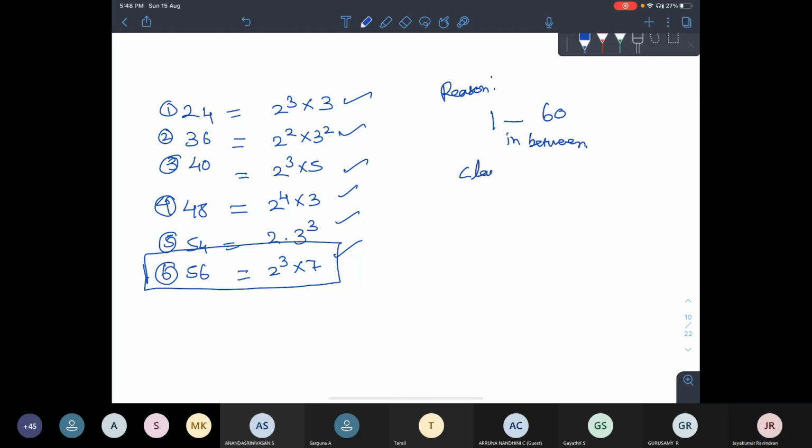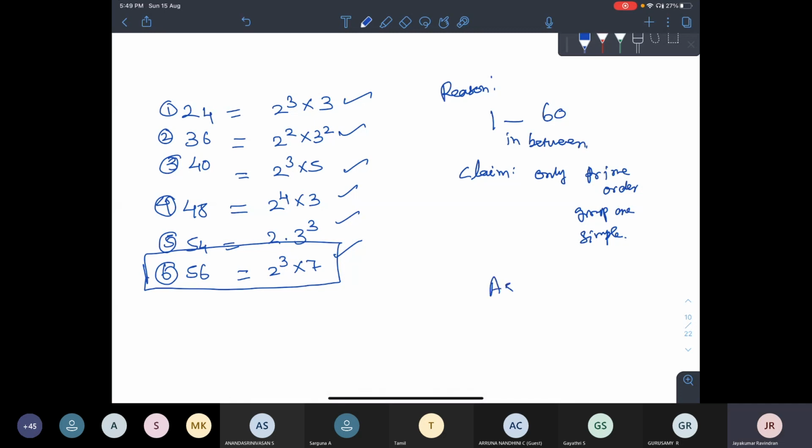Only prime order groups are simple. And we know the prime order group. What is a prime order group? That prime order group is Z_p. We know that.